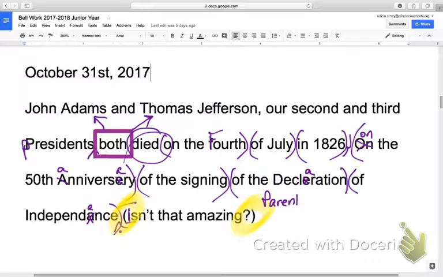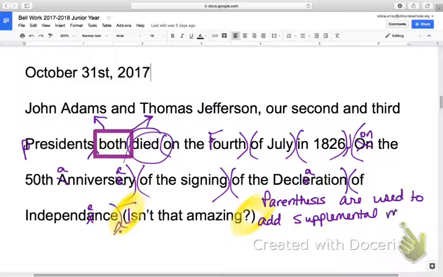Parentheses are used to add supplemental material. And yes, I expect you guys to be writing this down. In your writing, or in academic writing, okay, the supplemental material adds interest.